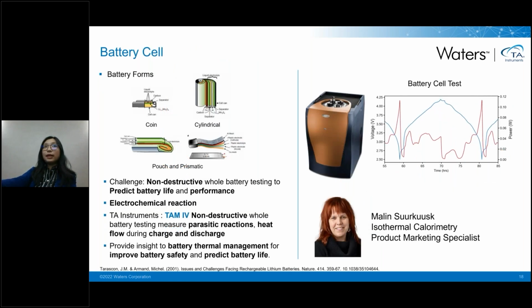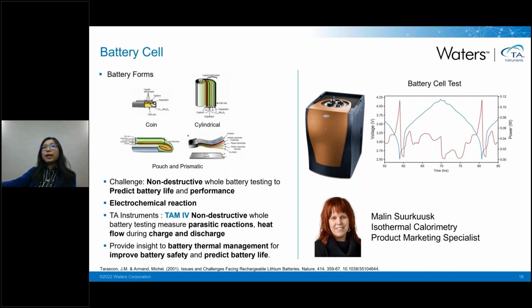And last but not least, you also have a solution for measuring the battery full cell. Once you're moving into the full cell category with different form factors, understanding the battery performance and predicting the lifetime is important. Our TEM system allows you to measure those in a non-destructive way.